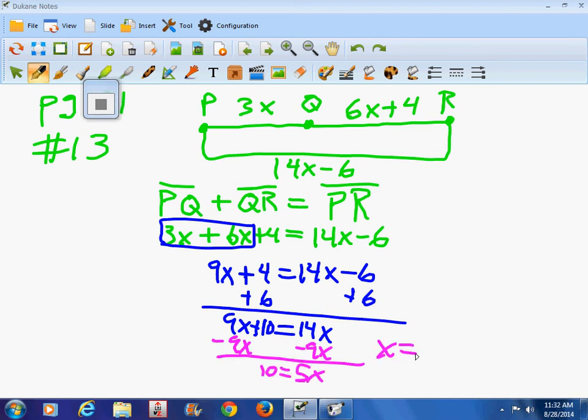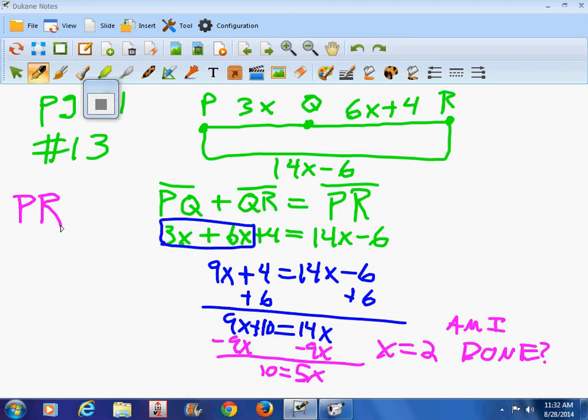X is equal to what? 2. Now, what's the question that I want you to ask yourself when you get to this point? Am I done? What our goal was is that the question wanted us to find the value of PR. So, by finding the value of X, have I found the value of PR?